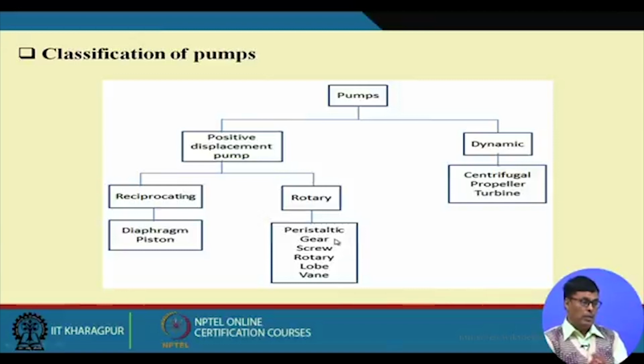This cane molasses is a viscous liquid, so an ordinary pump cannot work. We use the gear pump for transferring the liquid from the molasses storage tank to the molasses measuring tank, which is located in the fermentation plant. And the dynamic pumps: we have centrifugal, propeller, and turbine.